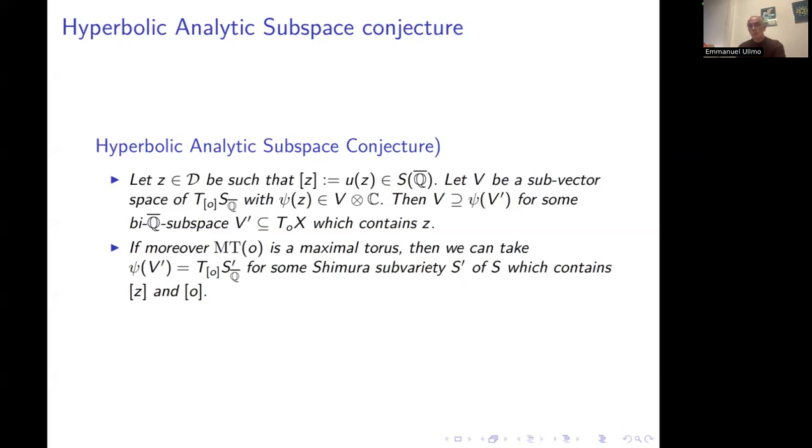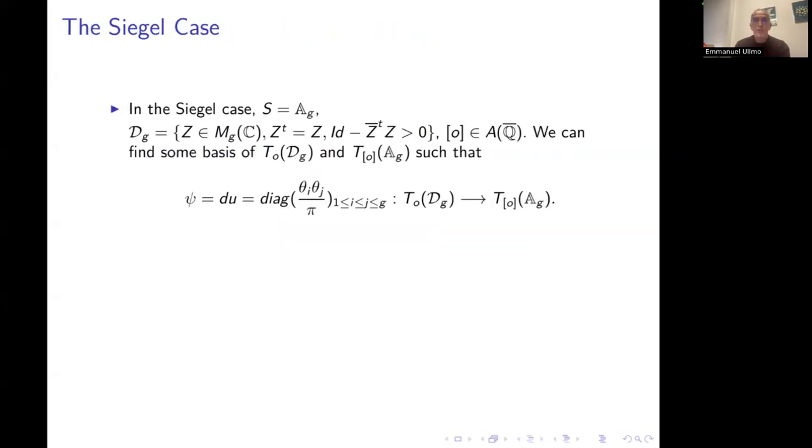Okay, so I should say that it seems to me that it's very hard to prove, and I made no progress on this conjecture, but I could just say that maybe it's easier than the Grothendieck period conjecture.